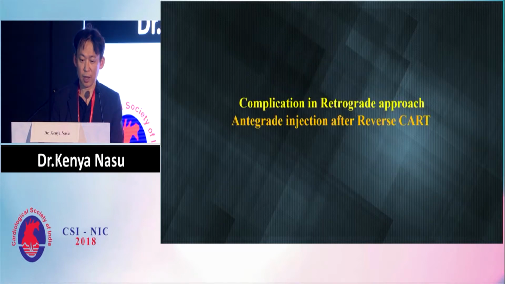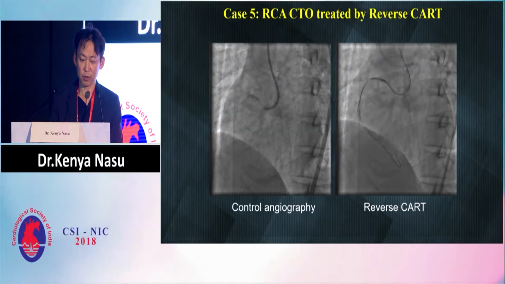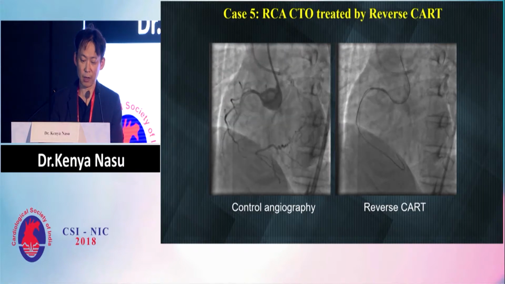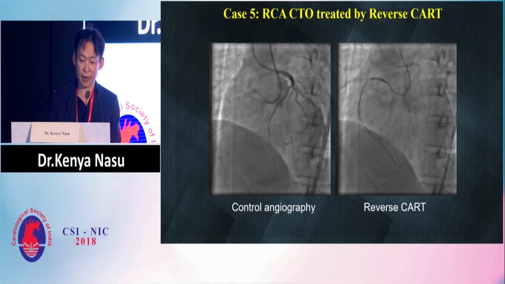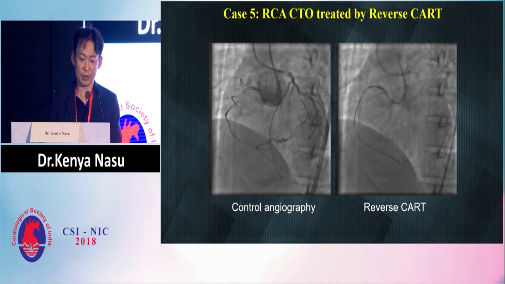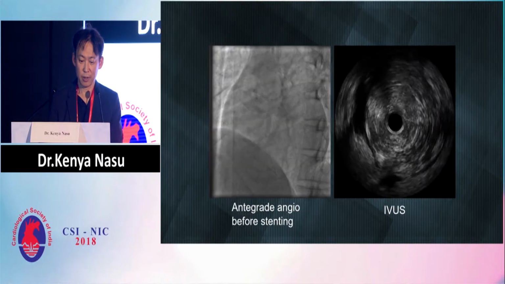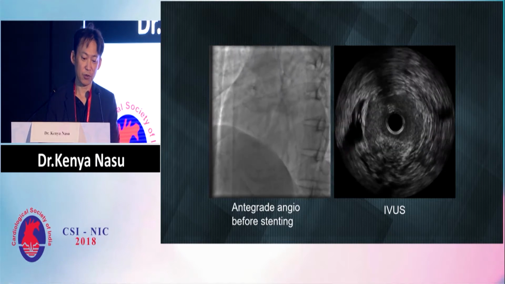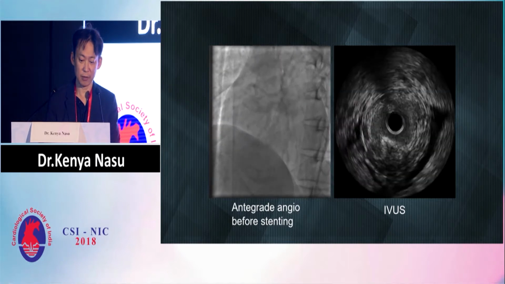The other case is more trivial, but sometimes we make such a situation. This case is also an RCA CTO. After using the reverse CART and recognizing the CTO, the operator made an antegrade shot before stenting. The antegrade shot can cause a perforation like this.